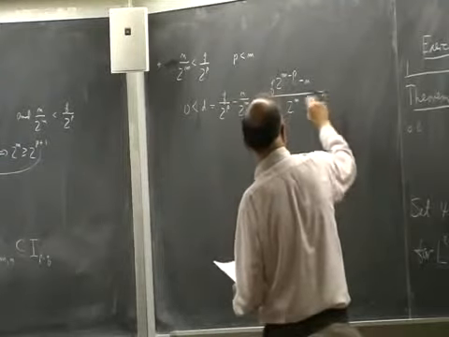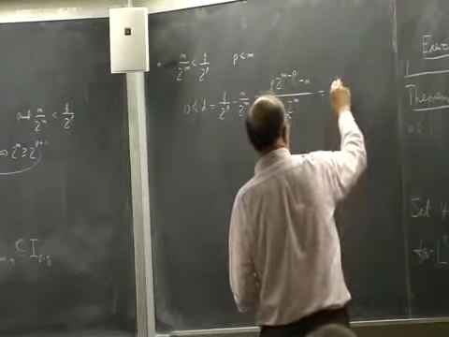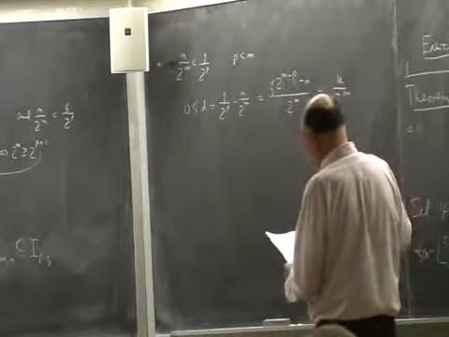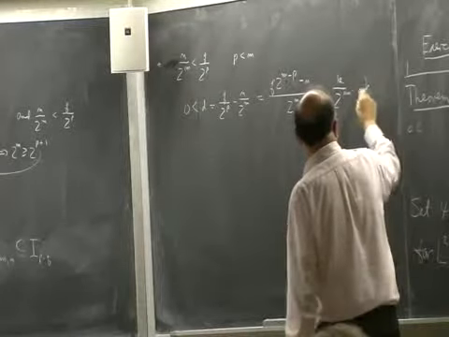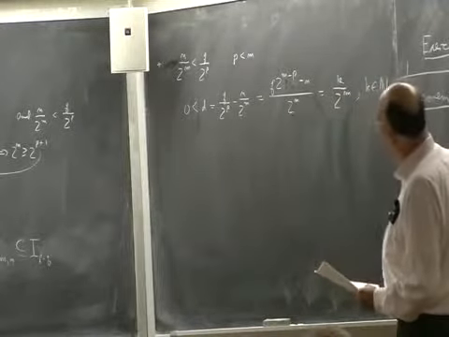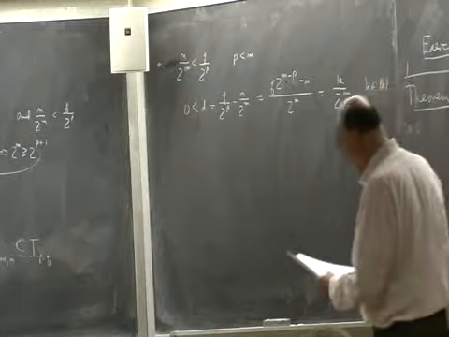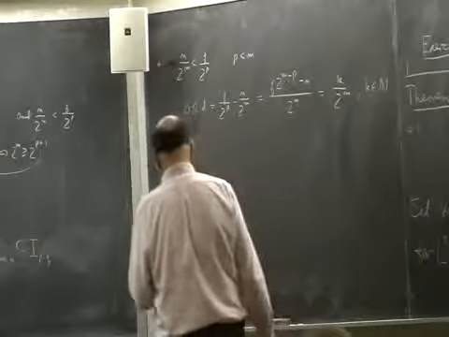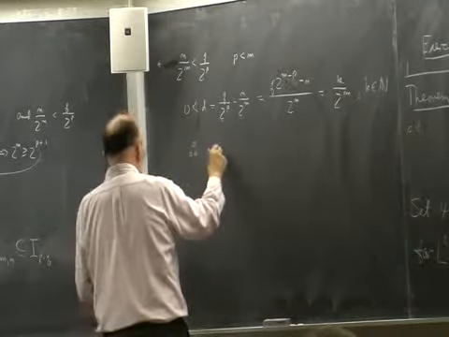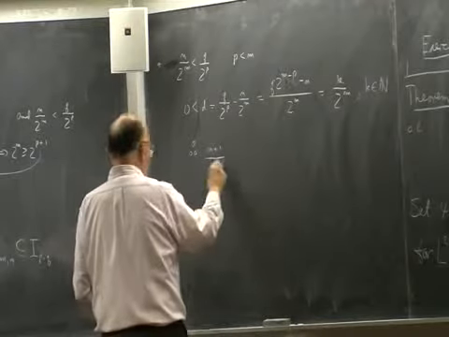And so that's got to be equal to, everything's an integer here, since m is bigger than p, that's equal to some k over 2 to the m, k a positive integer. And so therefore, n plus 1 over 2 to the m.